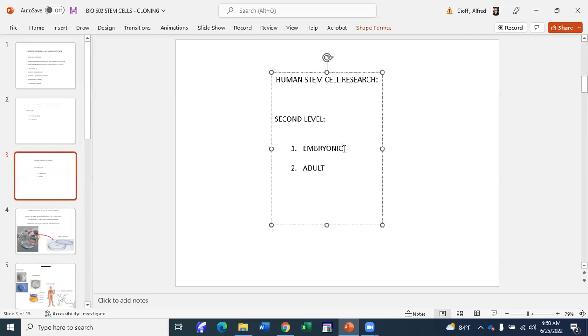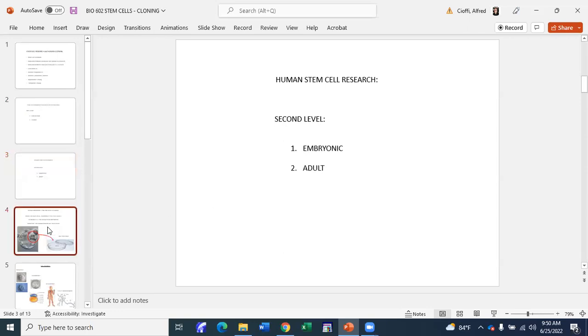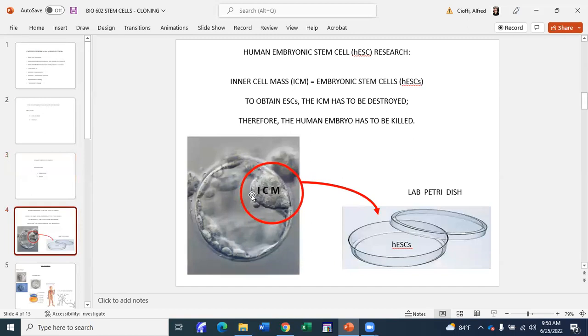In contrast to that, for obtaining the embryonic stem cells, the human embryo has to be killed. You see, has to be killed. And that's the critical issue there, that to obtain embryonic stem cells, the human embryo has to be killed. All right. And so let's look at how it happens, because it turns out that the embryonic stem cells come from the inner cell mass.